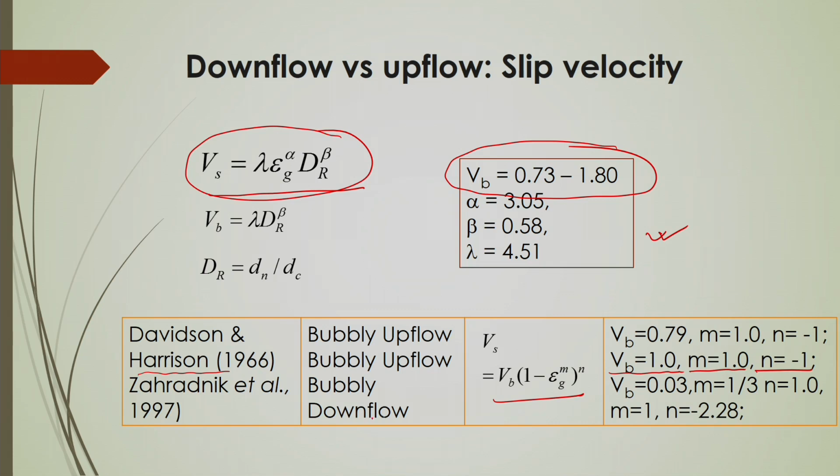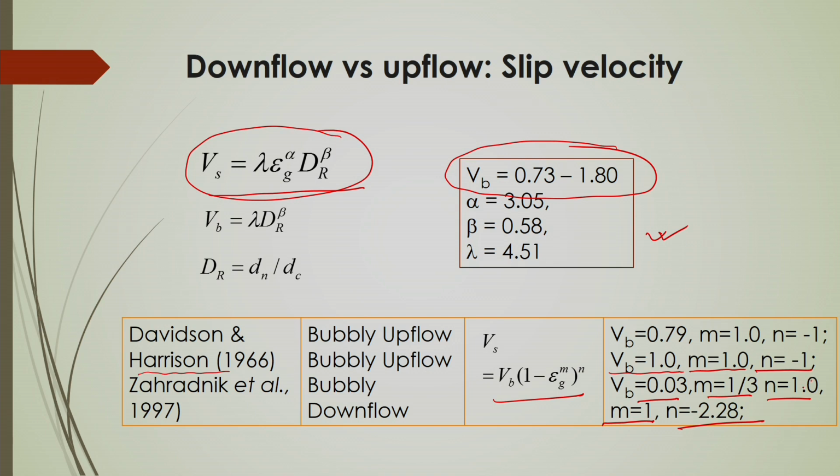Whereas, in case of bubbly downflow, this Vb should be equal to 0.03 and m is equal to 1 by 3, n is equal to 1.0, and minus 2.28 as per Jamialahmadi et al. 1997. So, in this case it actually depends on how you are defining the gas hold up function.